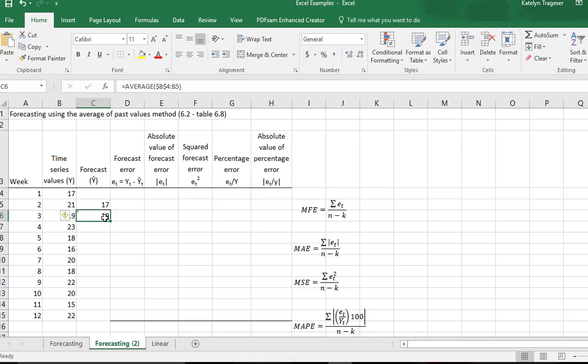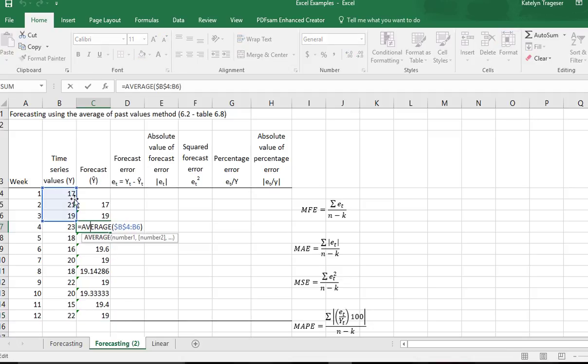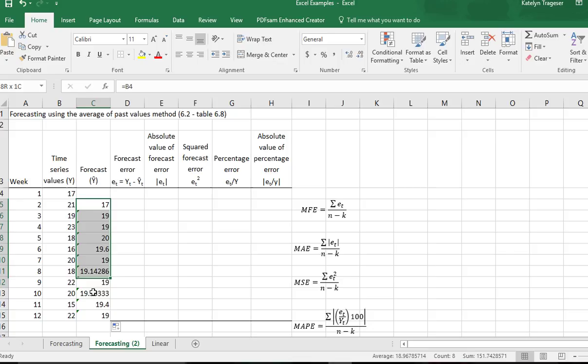Okay, so now we can drag this down because it has anchored our cell reference. So we are always starting at B4. Check down here, still starting at B4, getting the average of all these periods. Check again, looks good. Now we want to clean this up just a little bit.